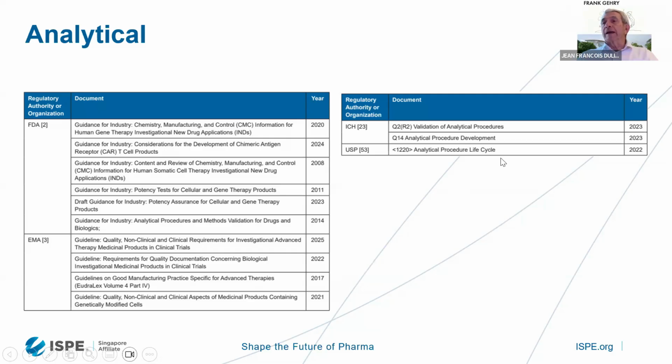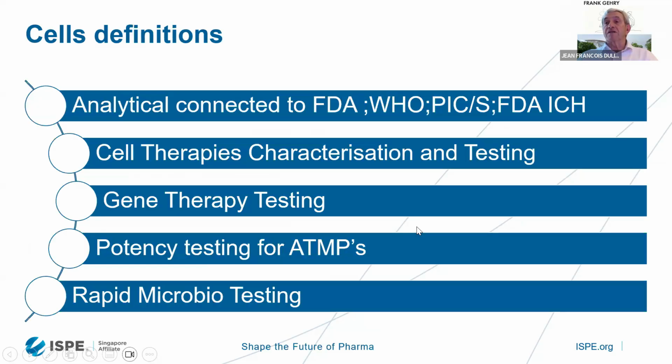USP as well is developing analytical procedures during the life cycle of the product, and this is really critical. Analytical methods are connected to FDA, WHO, PIC/S, and EMA as well. What is critical for the cell therapies is characterization and testing, and we are testing the cell growth and whether we can use them or not.